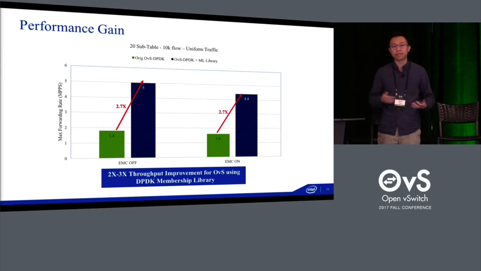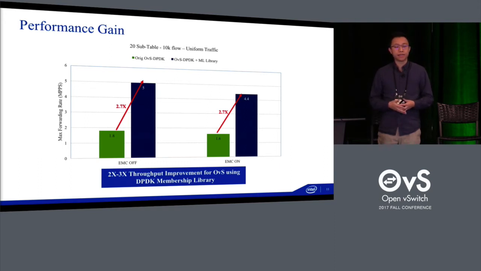This is some synthetic traffic pattern. We are not saying our mechanism works this well for every traffic pattern. For example, if your traffic only has one tuple, then obviously Cuckoo distributor will not help. But in certain cases, if you have many tuples, many subtables, Cuckoo distributor probably will help you.